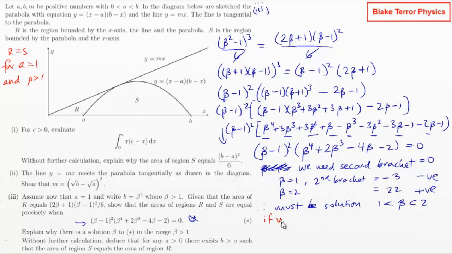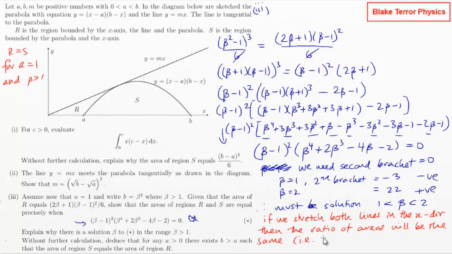So if we stretch both lines in the X direction, then the ratio of areas will be the same, i.e. R equals S. The tangent remains tangent.